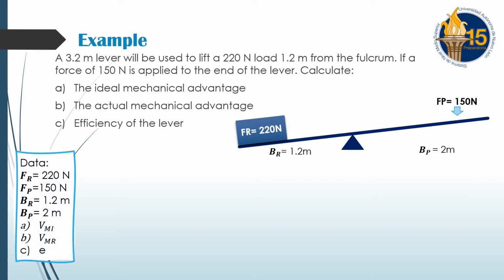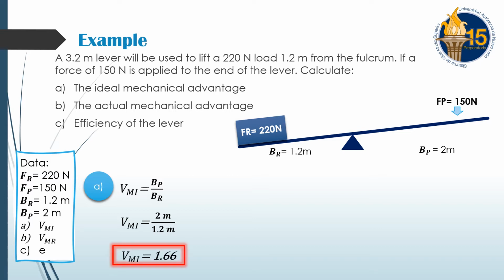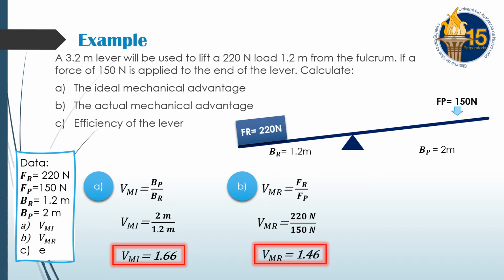To find the ideal mechanical advantage, you need to divide the effort arm by the resistance arm. Substituting the values, then we have 2 meters over 1.2 meters, resulting in 1.66. For letter B, we need to divide the load force by the effort force. Substituting the values, we have 320 Newton over 150 Newton, resulting in 1.46.